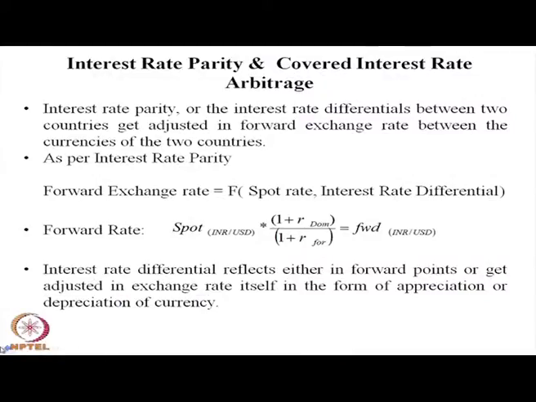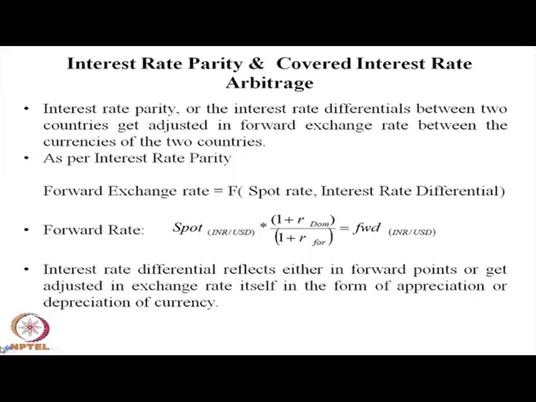But interest rate parity, as I mentioned here, has a different dimension. As we know, the interest rate differential is generally adjusted through two different theories: the first is covered interest, and the other is uncovered interest. This interest rate differential gives some kind of movement to interest rate fluctuation.